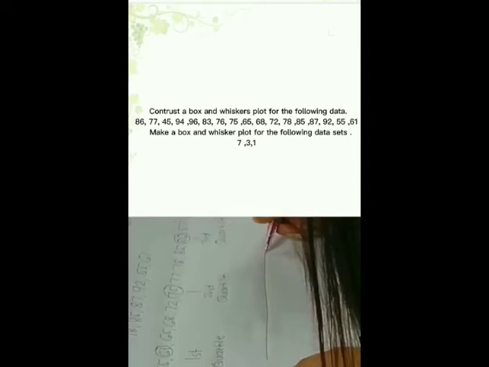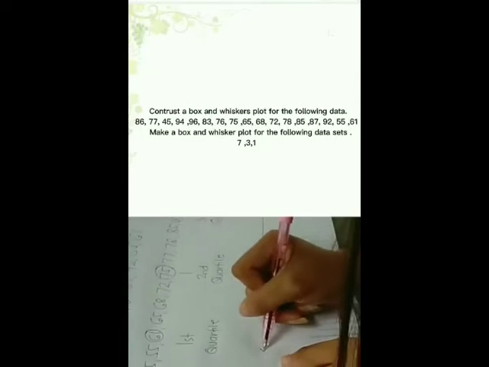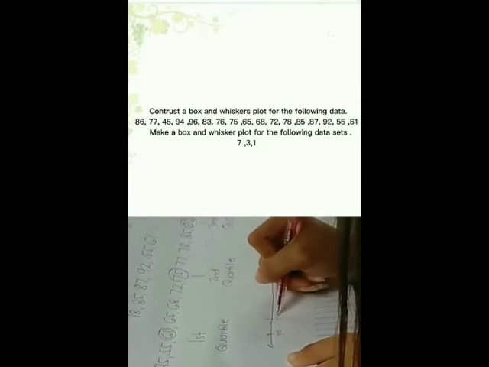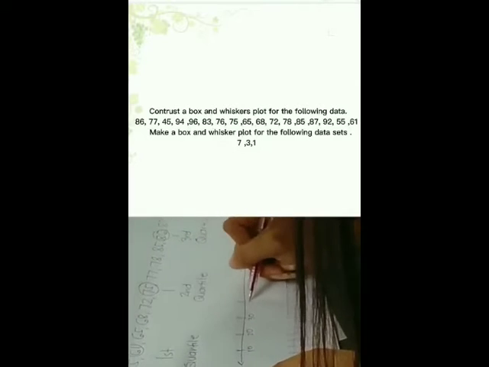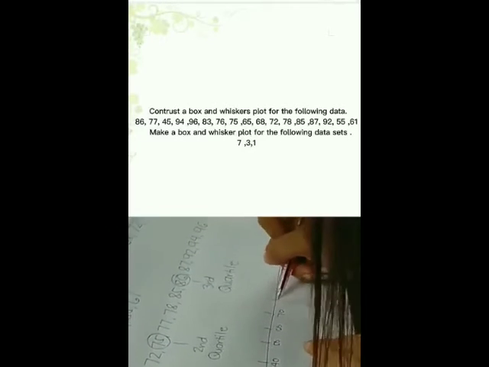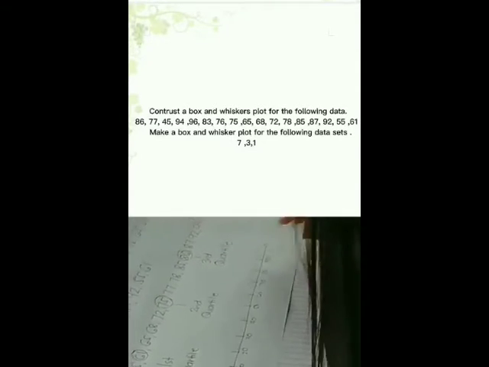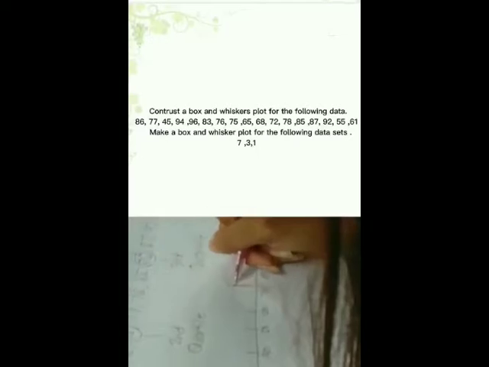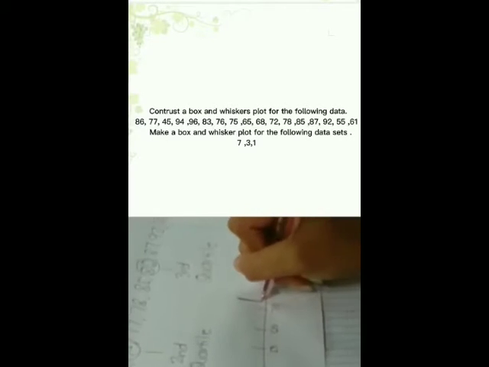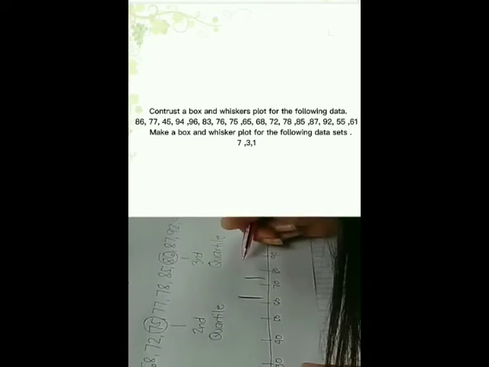Draw a number line. The first quartile is 61, the second quartile is 75, the middle of 70 and 80, and the third quartile is 86.